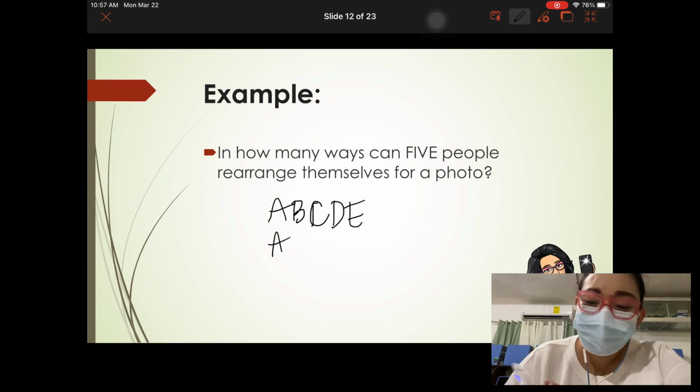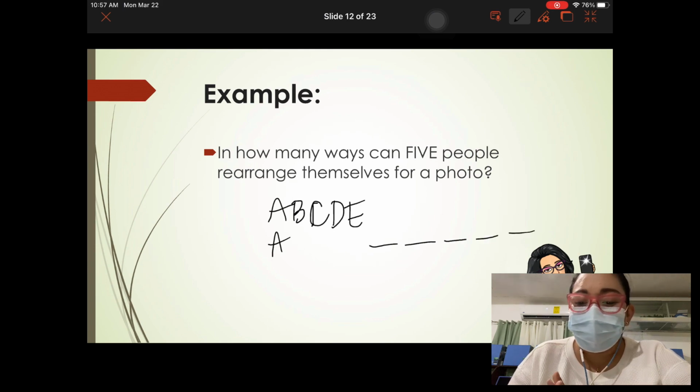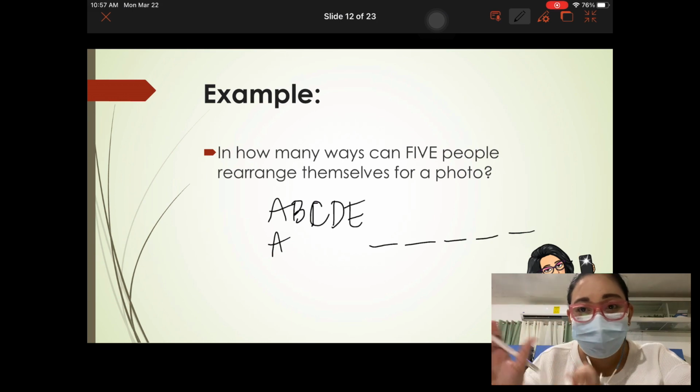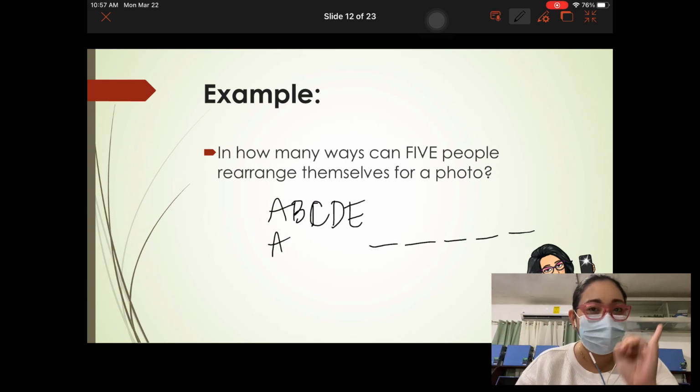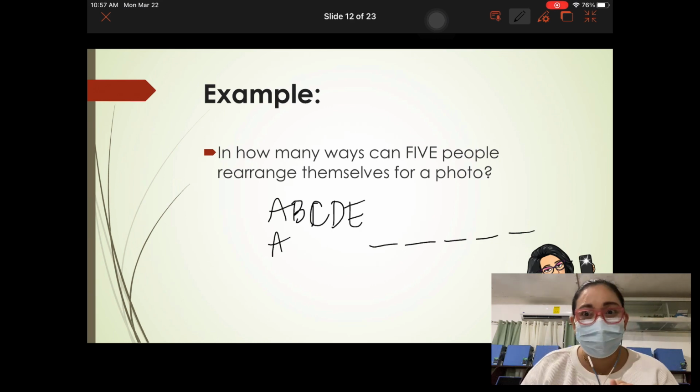So, ano yun? Meron kang 5 positions, diba? And you have 5 people. So, how many options do you have sa first slot mo? Meron kang 5 options. Diba? Si A, pwedeng mapunta dyan ay si A, si B, si C, si D, or si E. Okay?